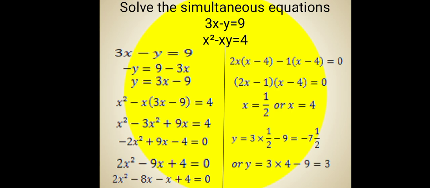So we make 3x cross the equal sign, so that it becomes negative y equals 9 minus 3x, and then divide by -1 on both sides so that the value of y becomes 3x minus 9. Now in the second equation, we substitute the value of y, 3x minus 9, and then we solve the equation.